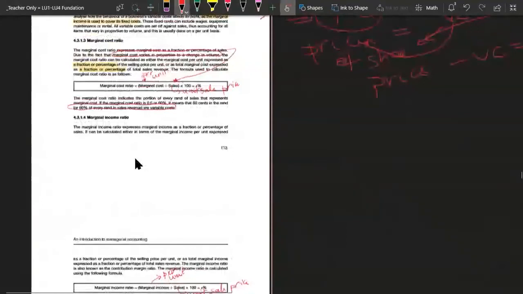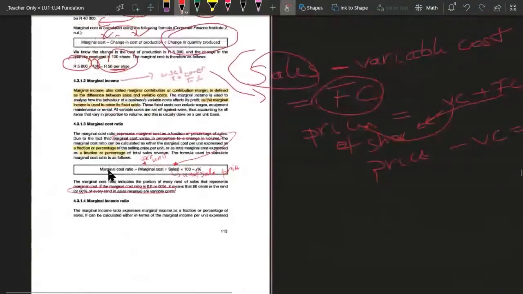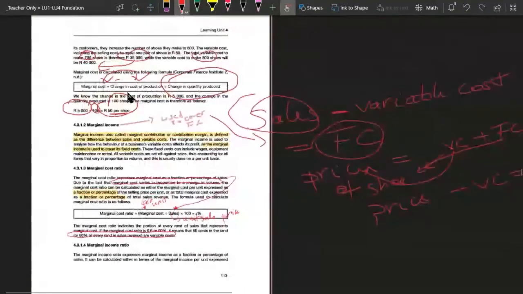You have the marginal cost. Basically, you look at the change in the cost of production divided by the change in quantity. So we are tracking that change. Remember again, we were talking about cost behavior.